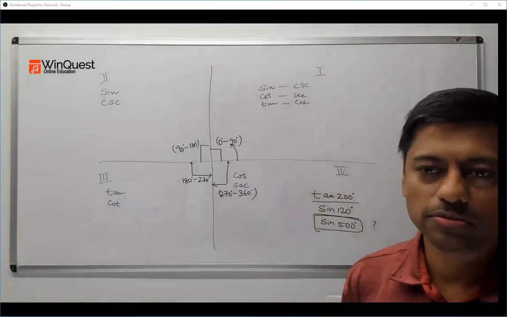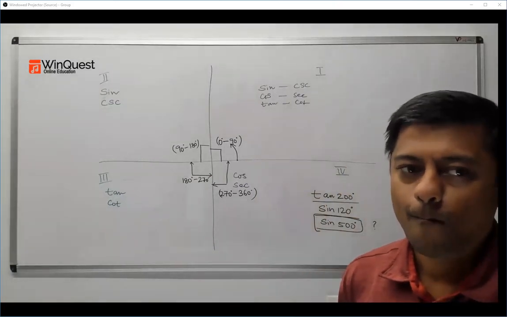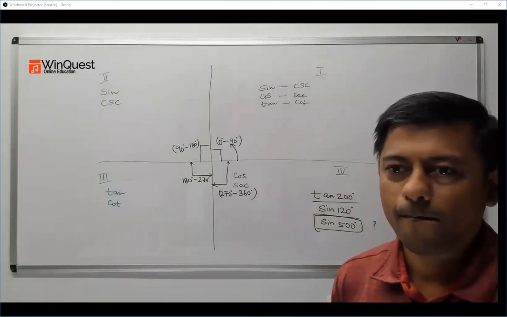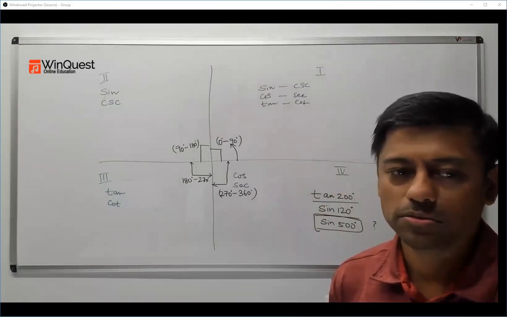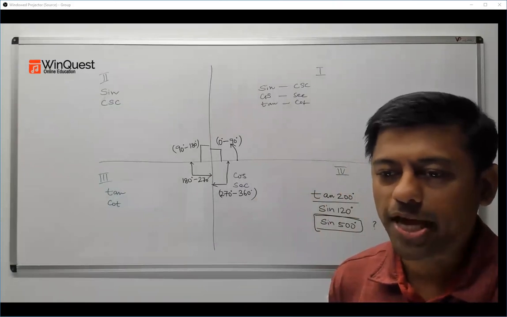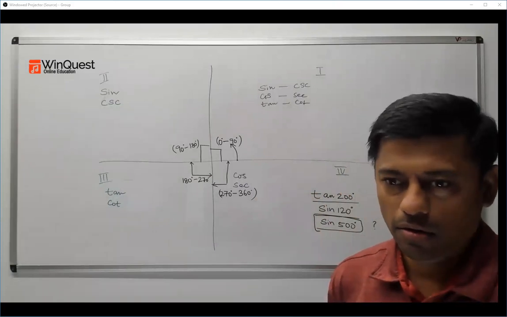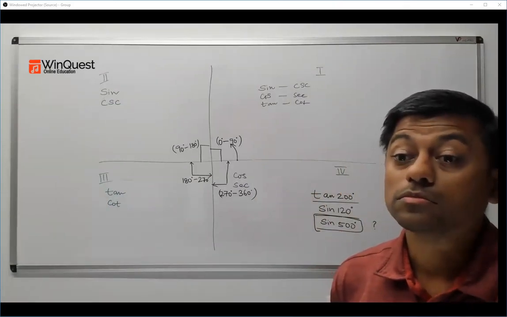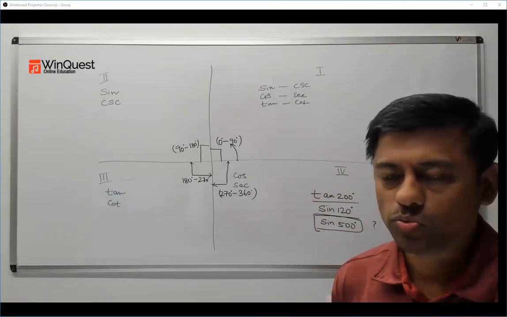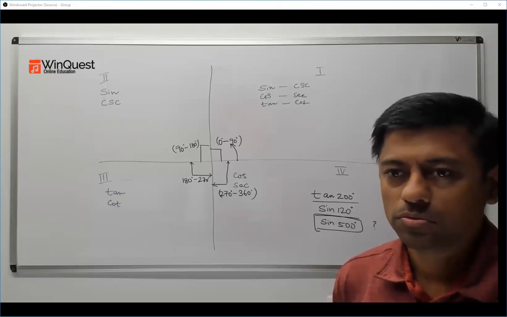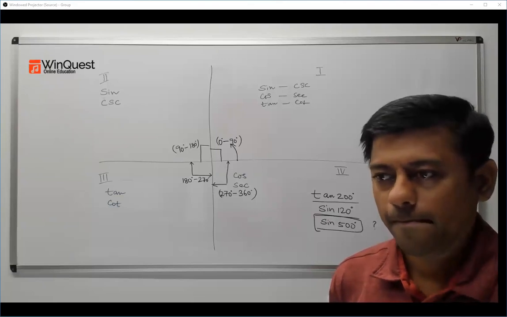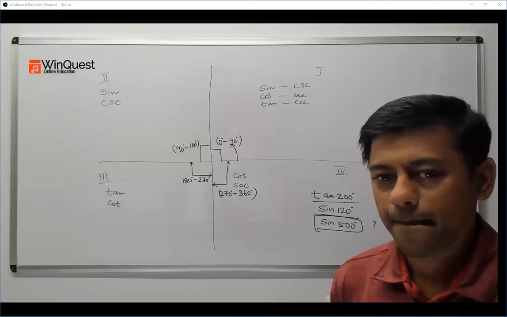Sine of 500 degrees goes to quadrant 1 or 2 and takes a negative value? 1 or 2 will not be possible, right? Either 1 or 2. So then it's 2. It goes into quadrant 2 and it's a positive value.